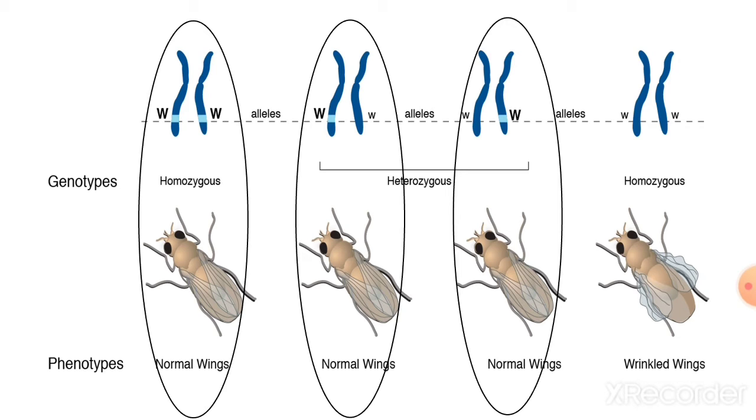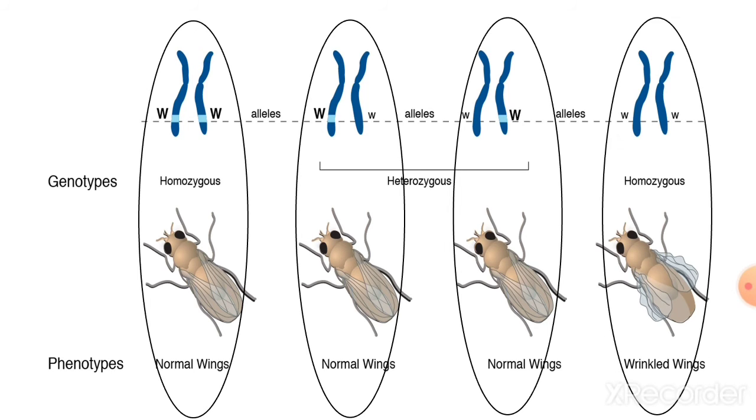Both the alleles are present in a single organism, but the allele whose effect is shown is known as the dominant allele, and the allele which does not show its effect in the offspring is known as the recessive allele. In both these situations, the capital W allele shows its effect and the wing shape is normal.